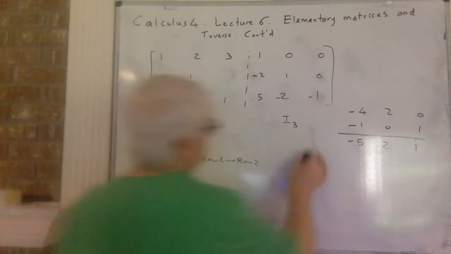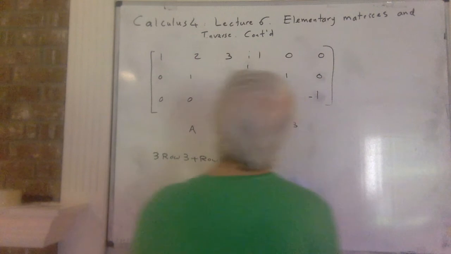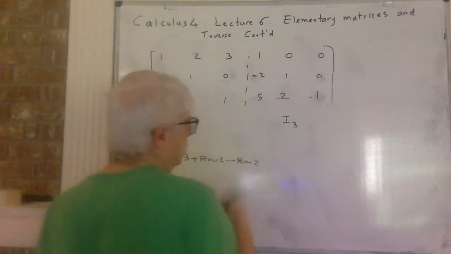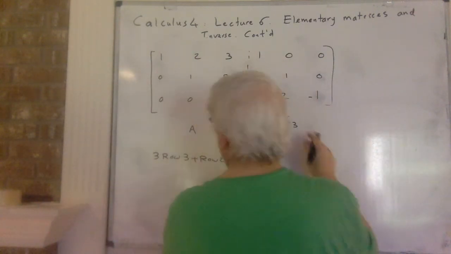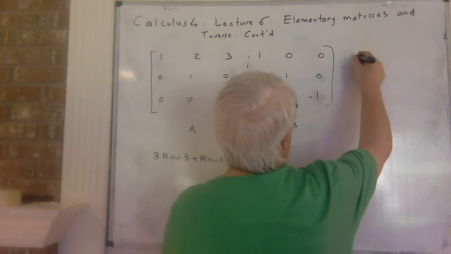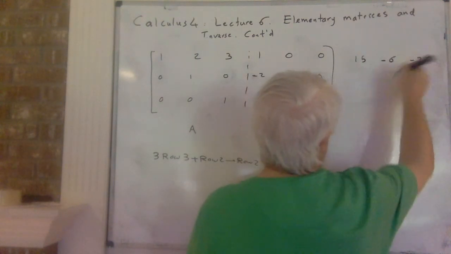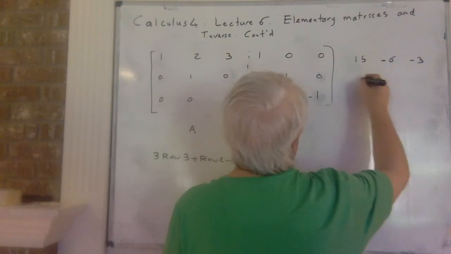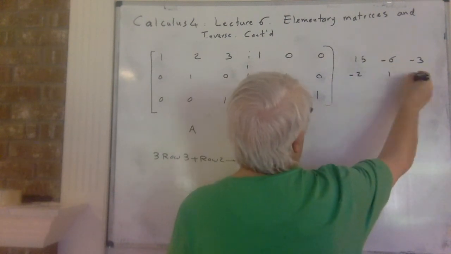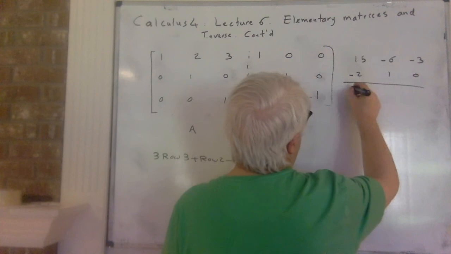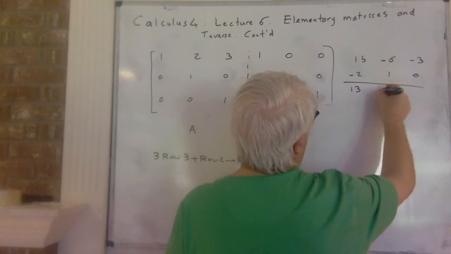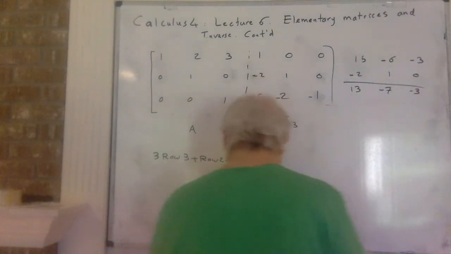But what happens here? This is important. We know that this makes this 0. So I have 3 times row 3, that is a 15 and minus 6 and minus 3, right? And then add it to minus 2, 1, 0, I will get 13 here, and minus 5 here, and minus 3.